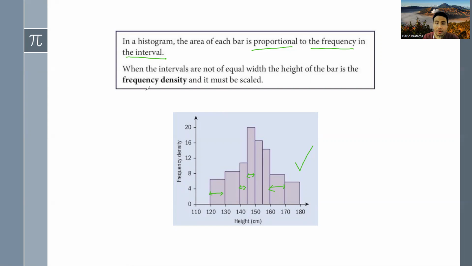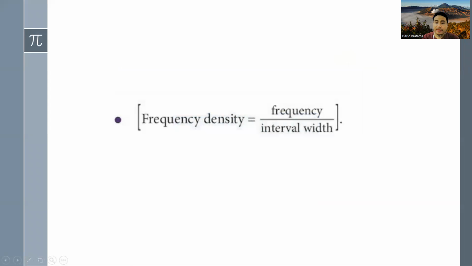So we use the height of the bar as the frequency density. Frequency density, this one, is on the y-axis. What is the frequency density? Frequency density is frequency divided by interval width.